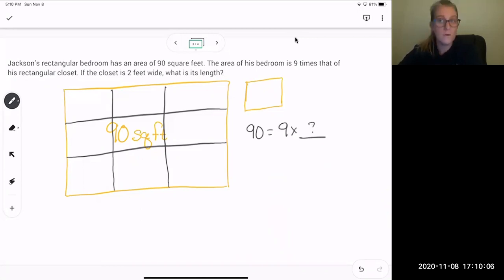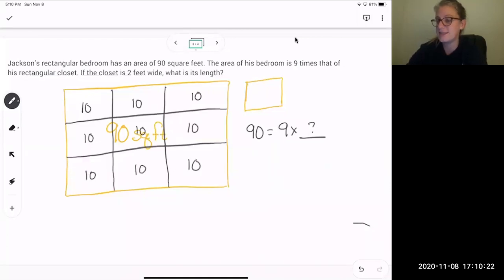And we know our 10s facts, right? And our 9s facts. So we know that 9 times 10 is going to equal 90. So each of these boxes is 10 square feet. And if we add 10 together 9 times, that's going to give us 90. Okay, so his closet is 10 square feet. That's the area of his closet.